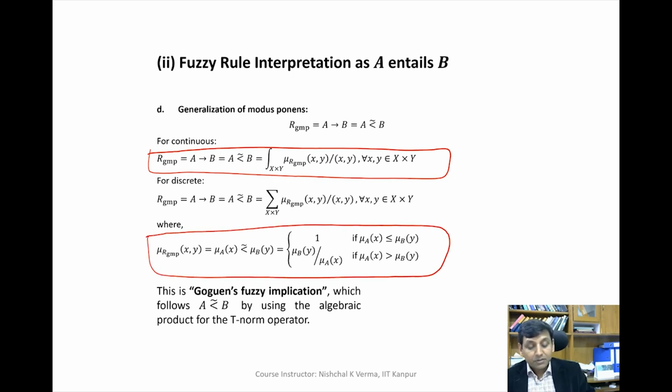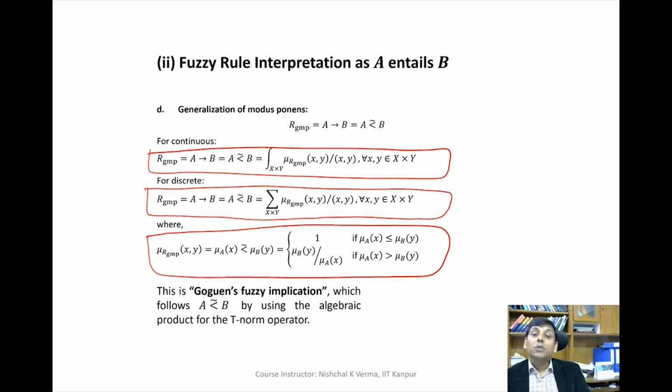So RGMP is computed simply by this expression here. And if we have discrete fuzzy sets A and B, then the fuzzy relation set, that is RGMP, we can get here as the summation over x cross y of mu RGMP, and then again this mu RGMP is computed by this expression.